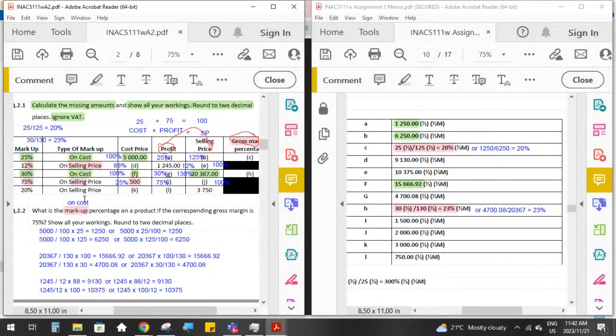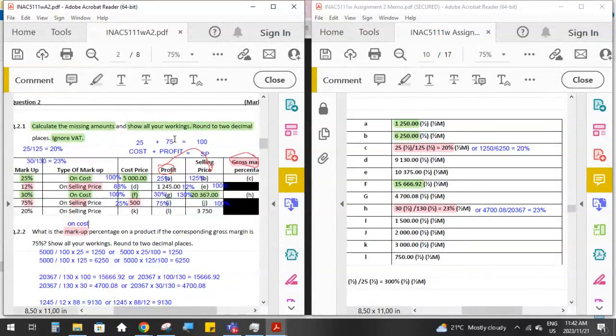Okay, so they've said markup on selling is 75%. What is the markup on cost? We've got our proportions here. So what is the profit? When we say what is the markup on cost, we take our profit as a percentage of the cost. So where are the workings?